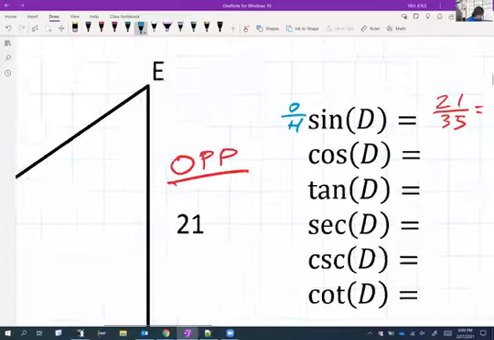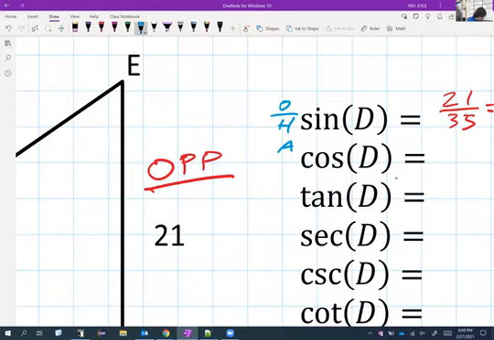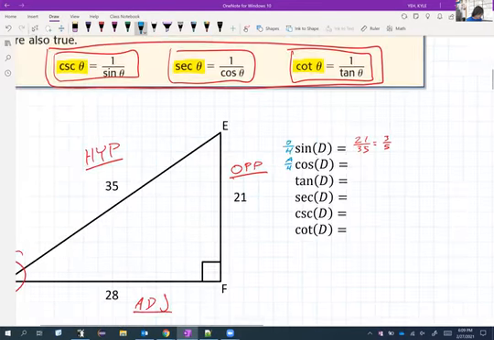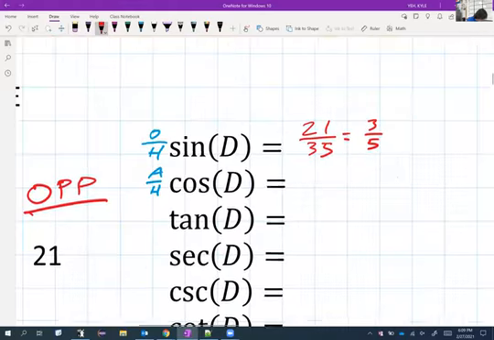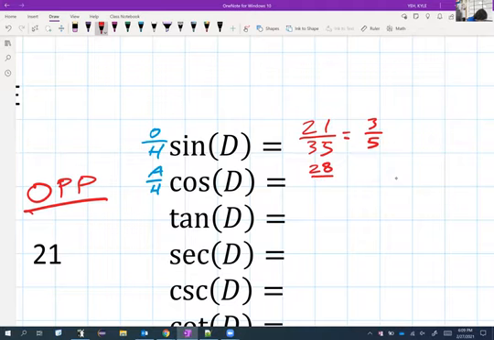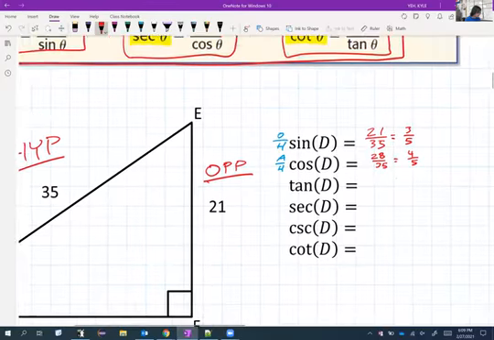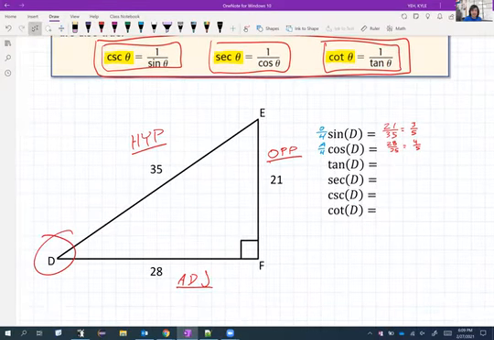What about cosine? Cosine is adjacent over hypotenuse. So we're looking at 28 over 35 from my diagram, which again, both divisible by 7, is 4/5. So the adjacent side is 4/5, or 80% as long as my hypotenuse.